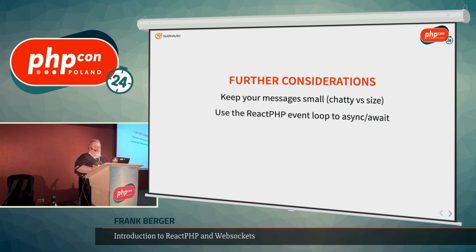Use the React event loop with async await. If you do other stuff, if you need to talk to a PubSub subscriber in Redis or to the database for some reason to get session or user information or stuff like that, you would add it to the ReactPHP event loop as a non-blocking stream or something like that and do it with async await.